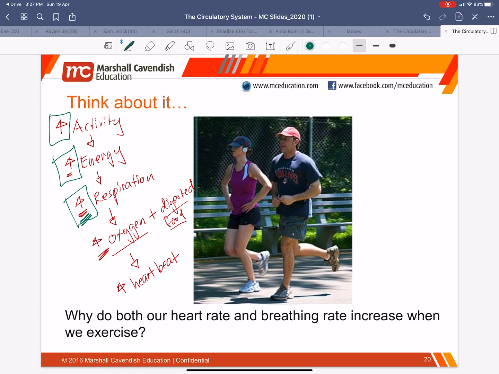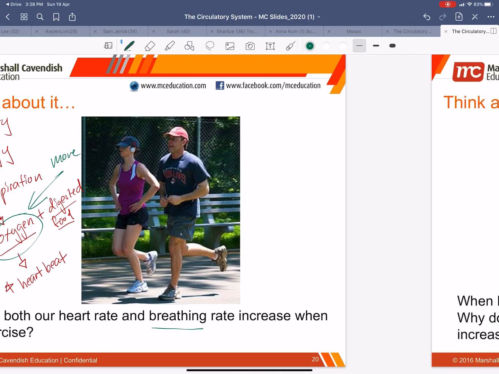Right, and that's how we can unpack this. So this is why our heart rate and breathing rate increases. Now, breathing rate in this case talks about the fact that you want to get more oxygen. All right, so they are correlated in that way.